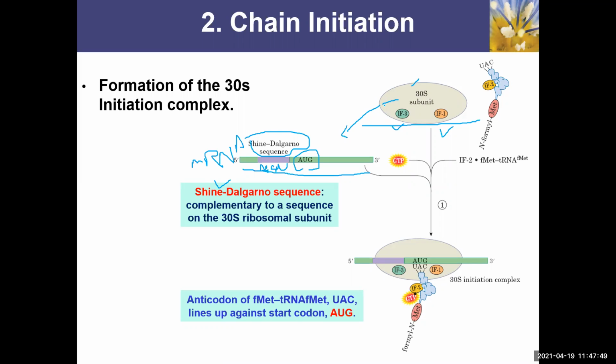So for the initiation to occur, we definitely need the Shine-Dalgarno sequence, right? Without this, the mRNA cannot bind to the smaller subunit, which is an important step in the initiation of the translation. Okay? Is it clear?